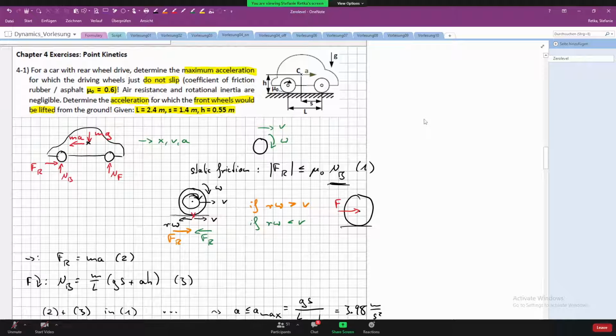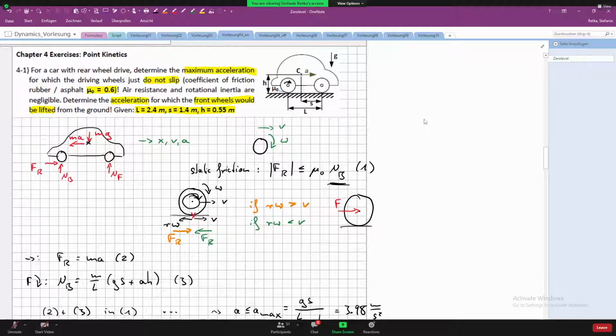Other questions? I have a question. I understood the part whereby FR is equal to MA based on the diagram. Then, of course, FR is also equal to mu naught times NB. And we know that NB is also equal to MG.